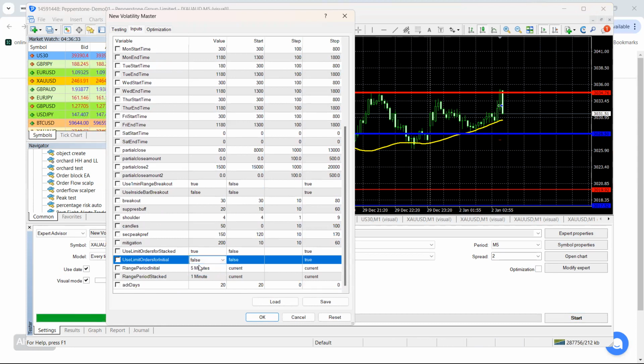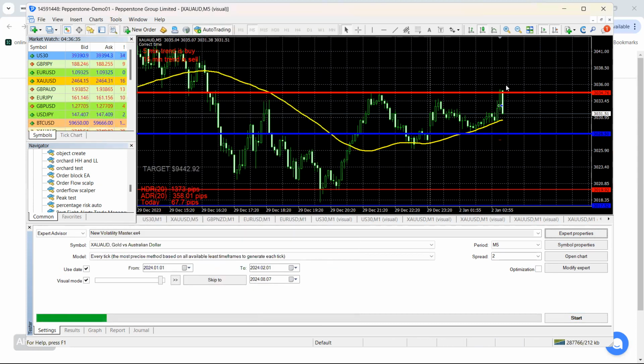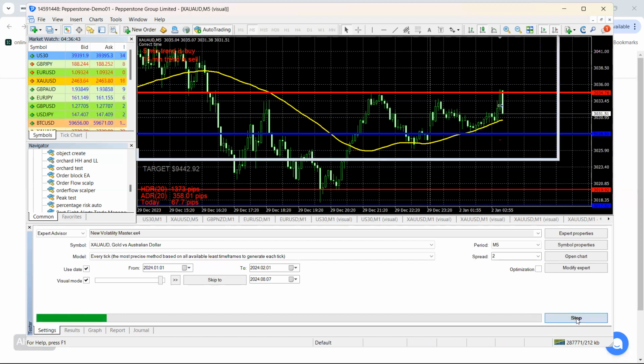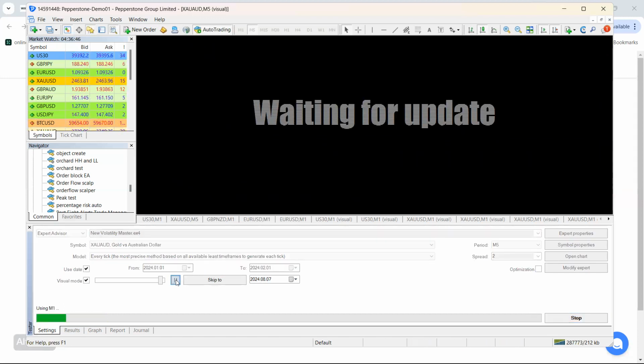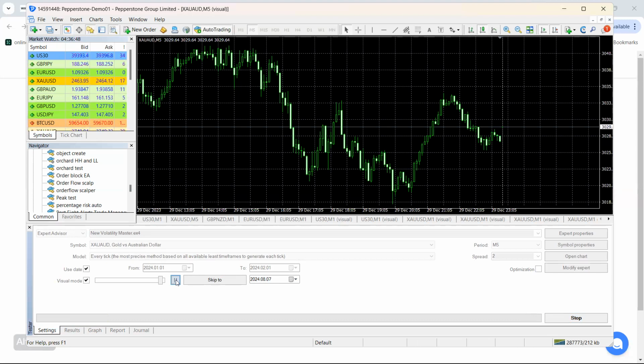If we turn off the limit orders, so now it's going to place the trade right up here, we'll find that the software places a much smaller size trade. It'll still be risking the same percentage, but the trade had to be smaller because the stop loss is further away.